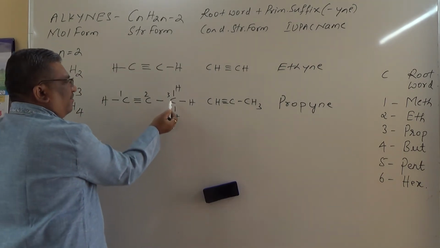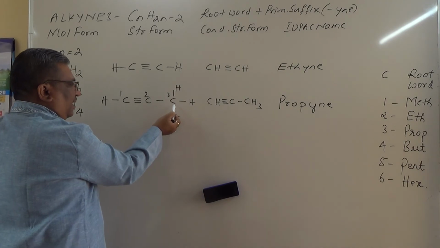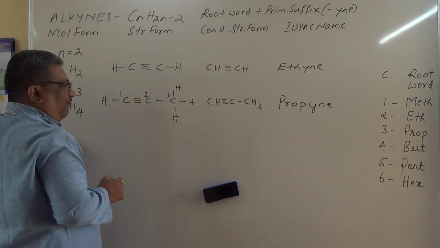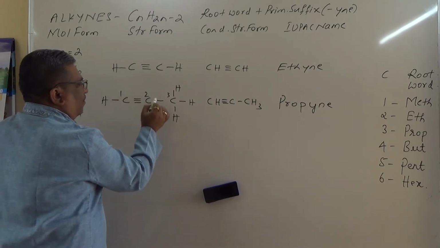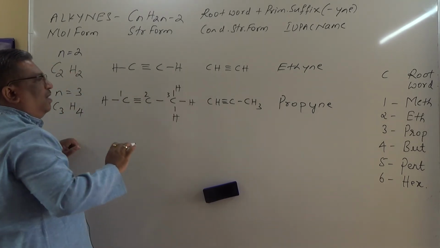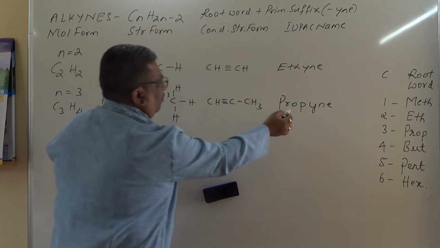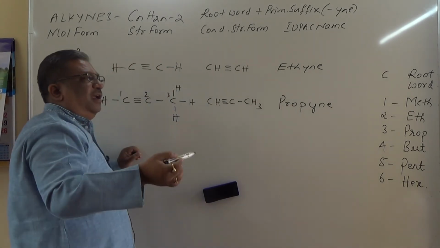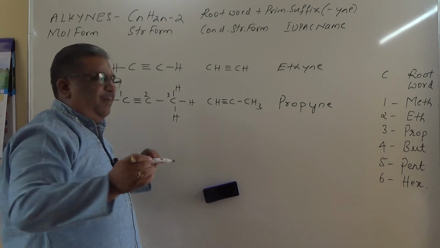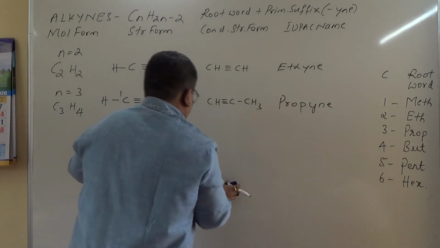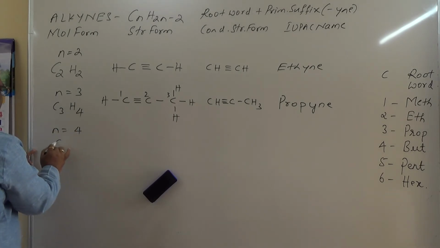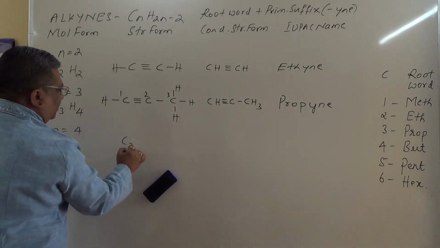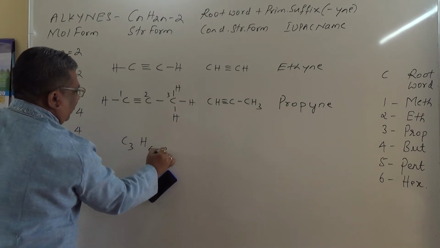So the locant will be 1 from this side also, 1 from this side also, and therefore for 3 carbon atoms it will not make any difference, and this 1, 2, 3 yne will not come. It is propyne.